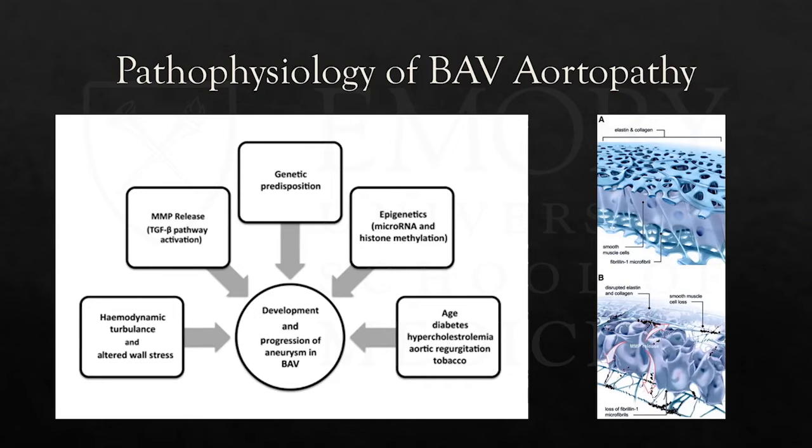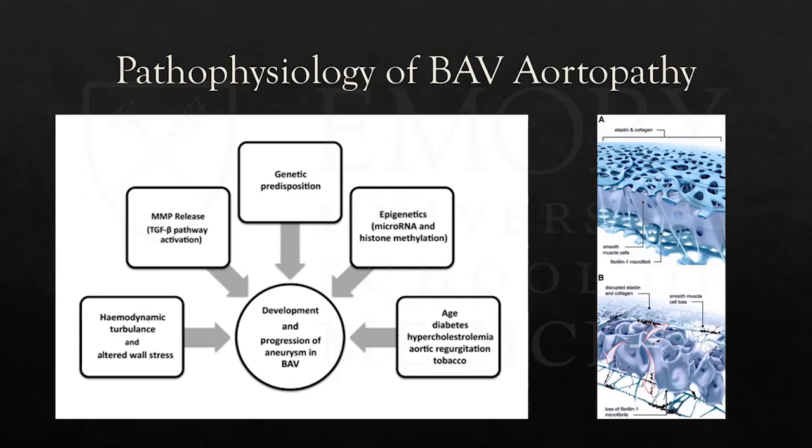Another pathway that's been well studied is the matrix metalloproteinases, and it's just like the name says, it's a proteinase that ultimately breaks down the structural architecture of this medial wall. So what happens in bicuspid aortic valves is there's an increased activity of these proteinases, and they degenerate this extracellular matrix within the smooth muscle layer.